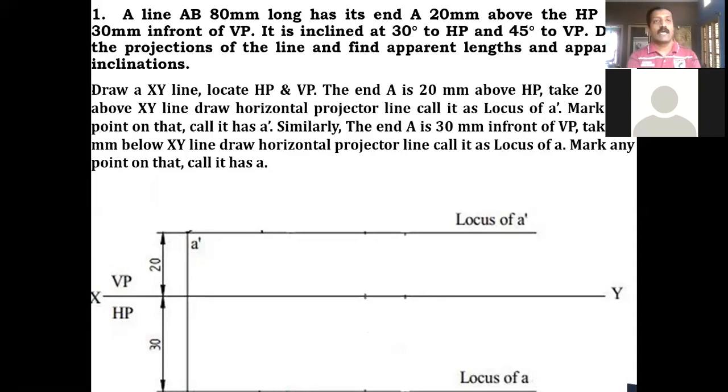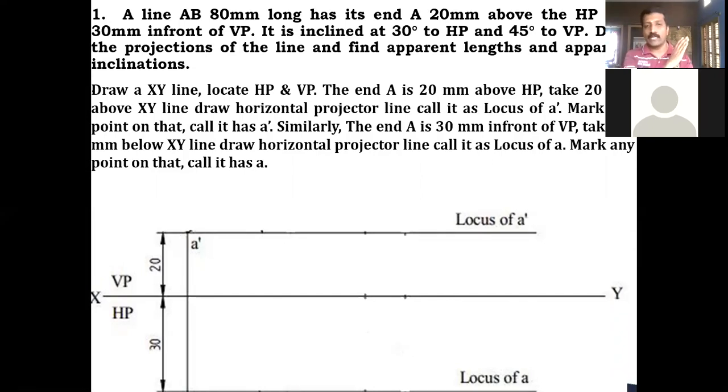He says: a line AB, 80 millimeter long, has its end A 20 millimeter above HP and 30 millimeter in front of VP. It is inclined at 30 degree to HP and 45 degree to VP. Draw the projections of the line and find the apparent lengths and apparent inclinations. As I told, in straight lines onwards we discuss only first quadrant examples.